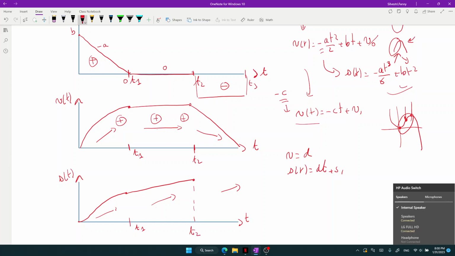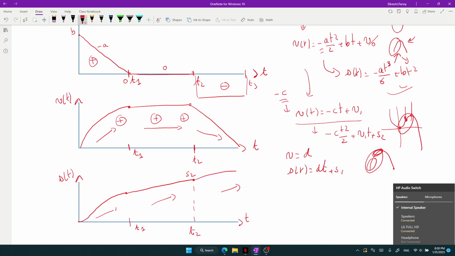The last one, v of t, was minus ct plus v1. So if we take the integration of this one, that gives us minus ct squared divided by 2 plus v1t plus the position there. Let's call that s2. So this is also a parabola with the legs down, but we are increasing. Are we now in that part or that part? It depends on your t, but it's increasing.